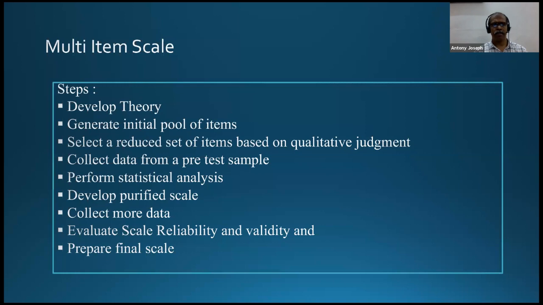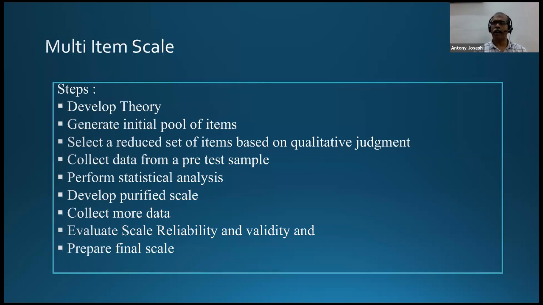If the theory is not strong, or if there is no theory for a particular concept, it may be very difficult for you to have a multi-item scale. The process to be adopted by a researcher under such a circumstance is something different that we will discuss while dealing with factor analysis. And from the theory, the researchers are expected to generate an initial pool of items.